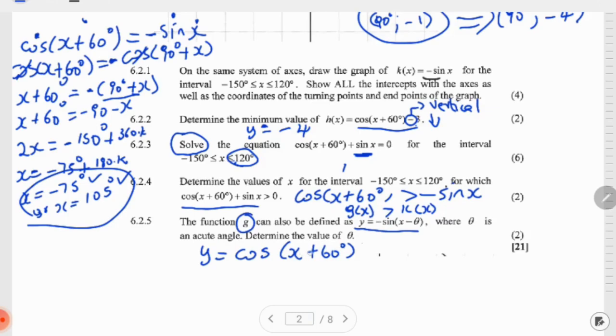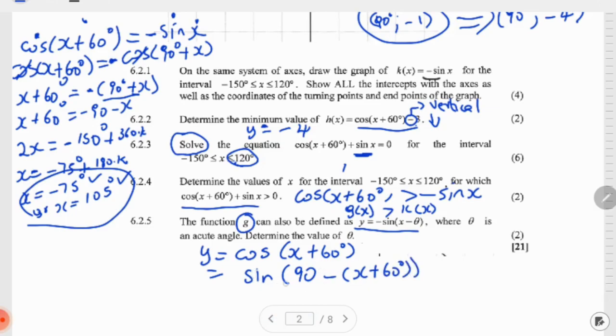Perfect. How would we make this a minus sine? All right. The cofunction of a cos would be sine. It's going to be sine of 90 minus our angle, which is x plus 60.